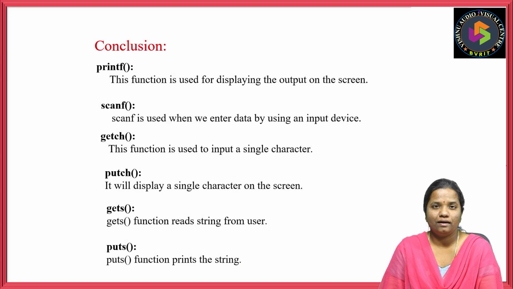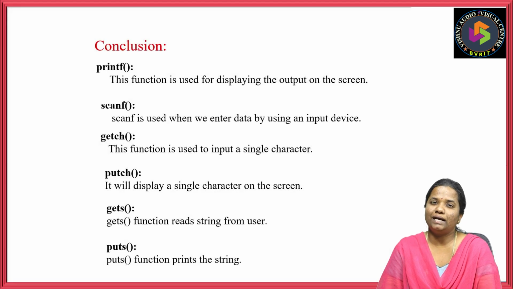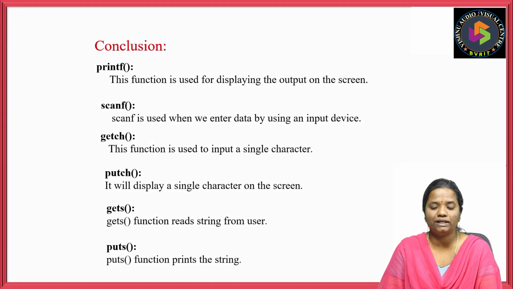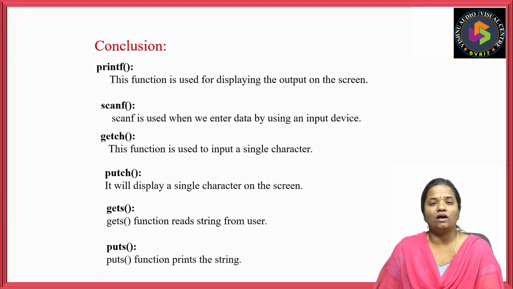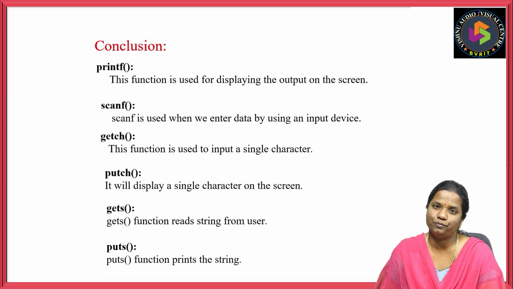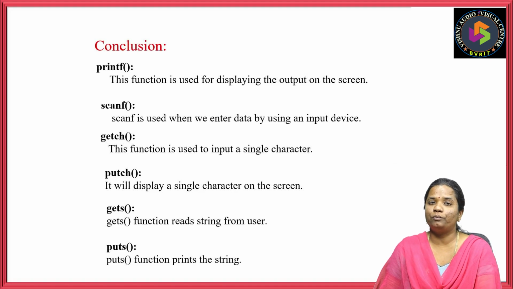The scanf function is there to read any type of data from the input device. And the getch function is also there. This function is used to input a single character, and to display a single character on the screen, we can take the support of the putch function, like getchar and putchar.